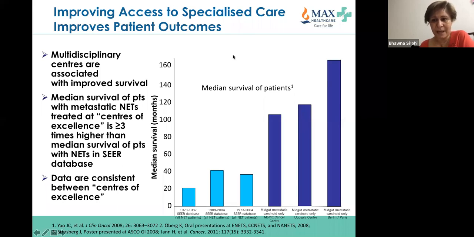I'm from the NHS, National Health Service, which has a Universal Health Coverage UK background, where you have ENET's European Neuroendocrine Tumor designated centers of excellence. And the reason they have been made is because we know that the survival and the outcomes of patients is better if they are discussed in these centers.